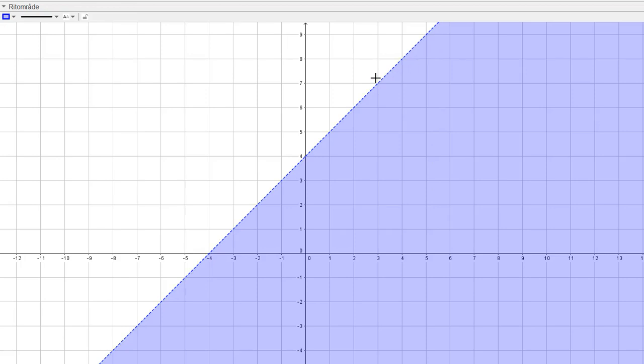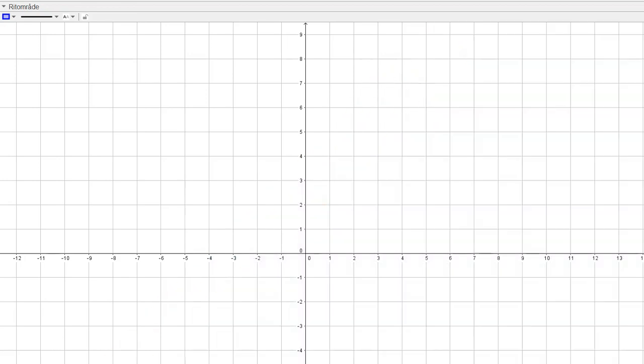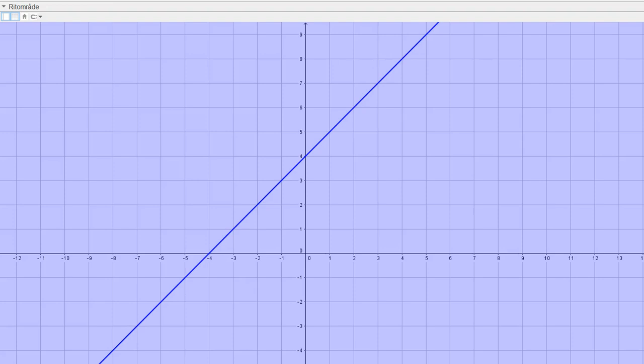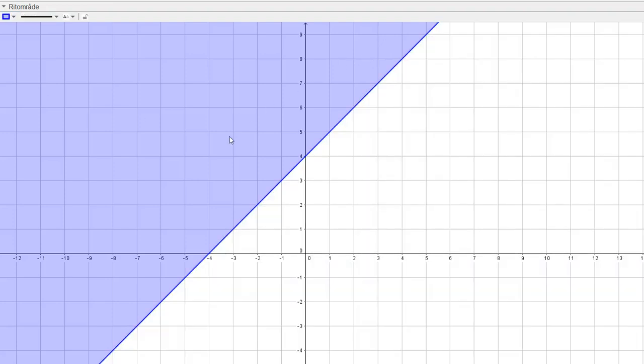The only difference, if we're talking about less than or equal, is that we're talking about the same area, but the lines are included.